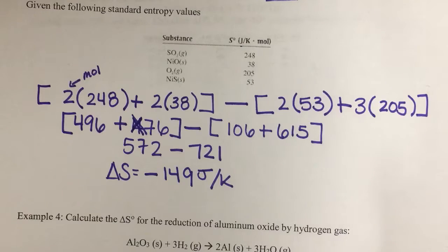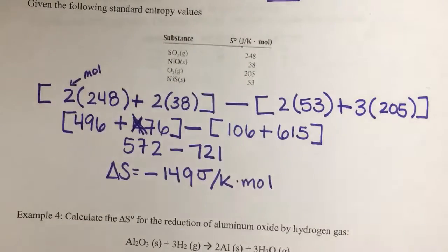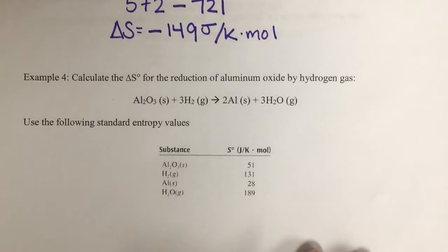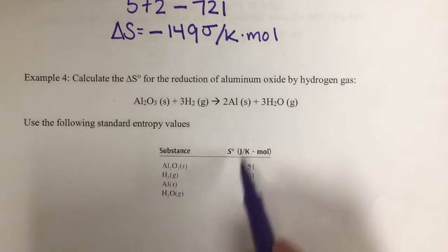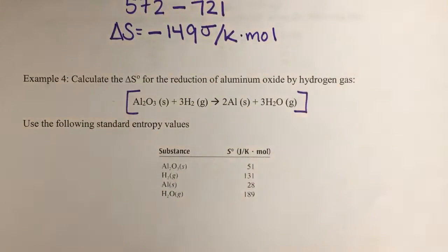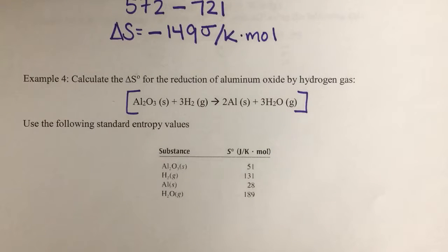So that's my change for delta S. So take a second, solve out your delta S, determine how much that's going to change for the reaction given here. Remember, it's the sum of your products minus the sum of your reactants.